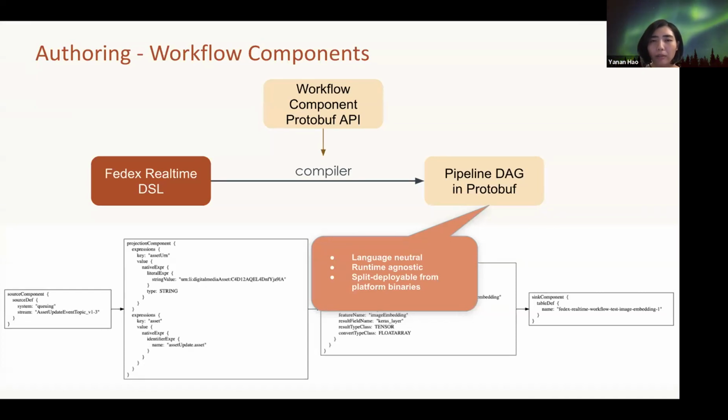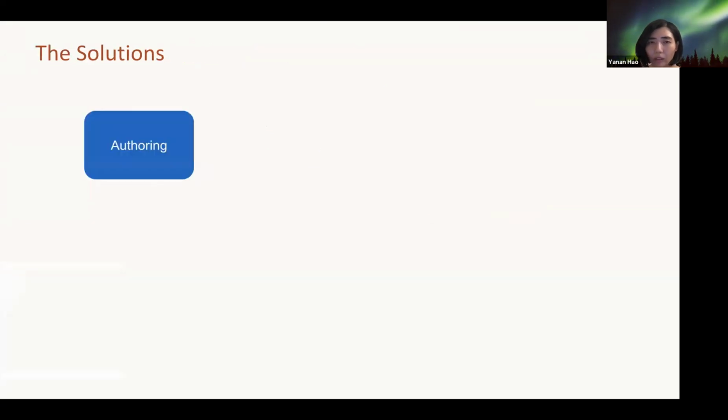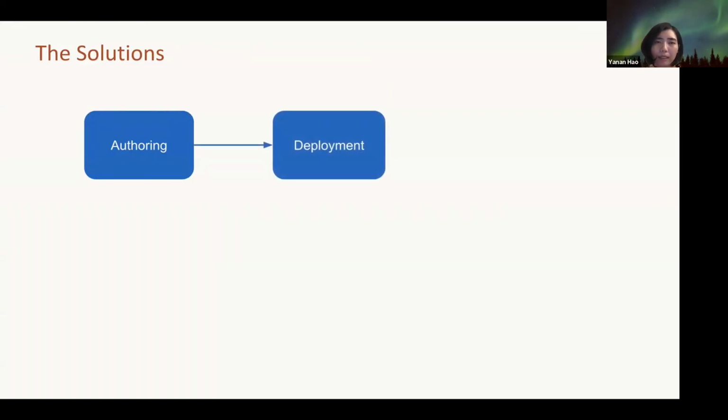And one more advantage is that because the generated pipeline proto does not bind to any platform binaries, it allows us to independently deploy platform code from user pipeline, which is a capability we call split deployment. So now that we know how to author a managed Beam job, let's talk about the deployment.